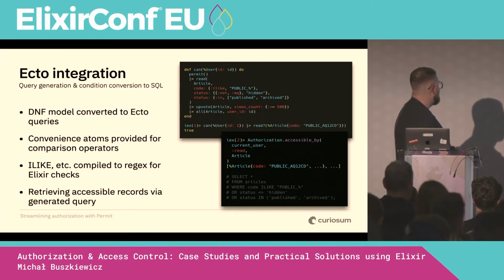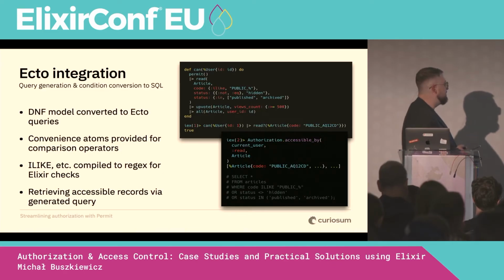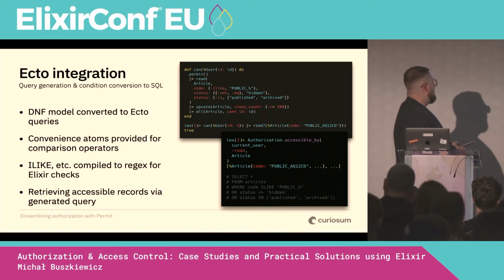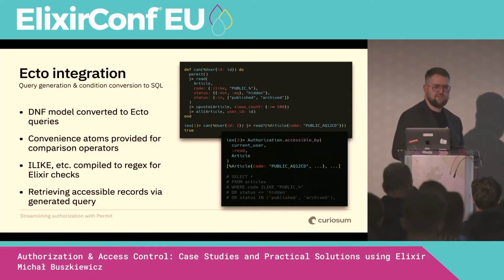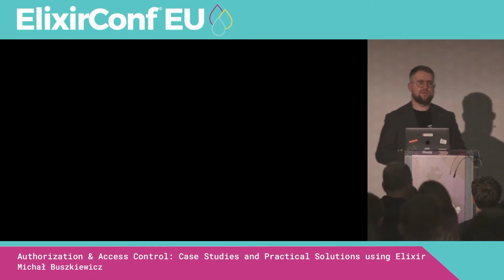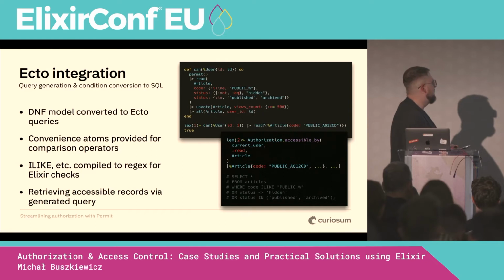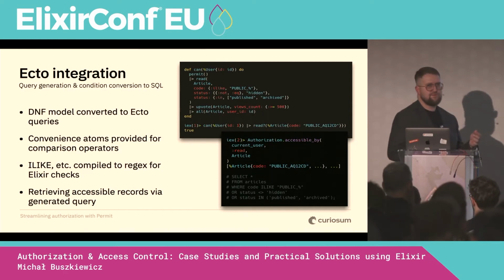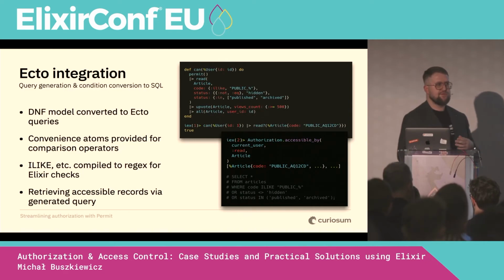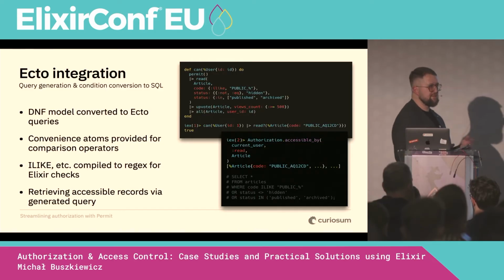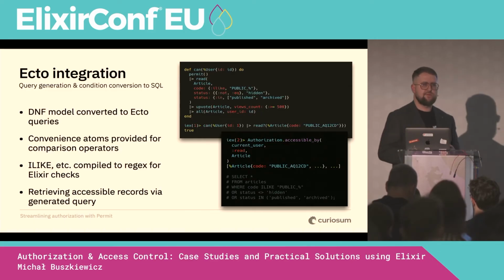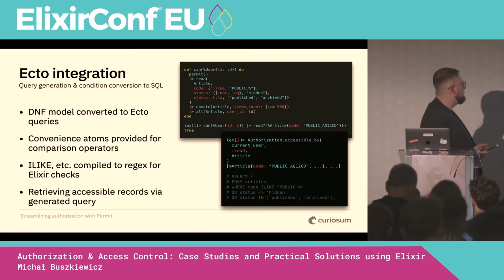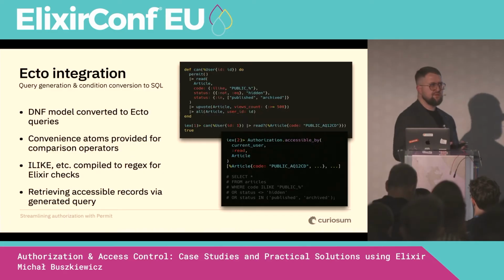And then what the Ecto integration brings to the table is that you can allow someone to, for example, read an article that matches conditions given as, for example, an ILIKE syntax, which, if you want to do this check on purely the Elixir side and ask whether a specific user has an authorization to do something on a specific record, gets converted to a regular expression.